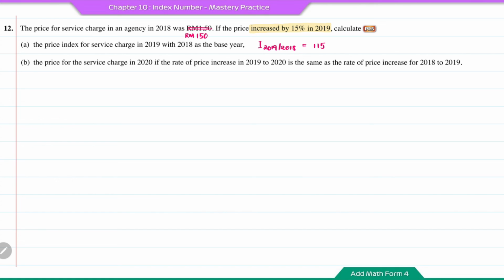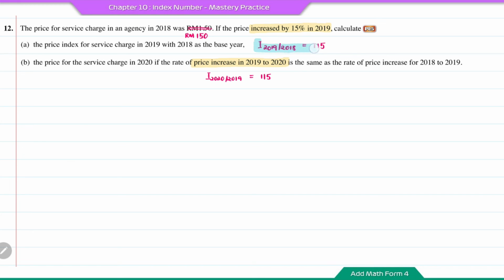Question B. The price for the service charge in 2020, if the rate of price increase in 2019 to 2020 is the same as the rate of price increase for 2018 to 2019. So this means the price from 2019 to 2020 will also increase by 15%. Therefore, the price index in the year 2020 based on 2019 will also be equal to 115.